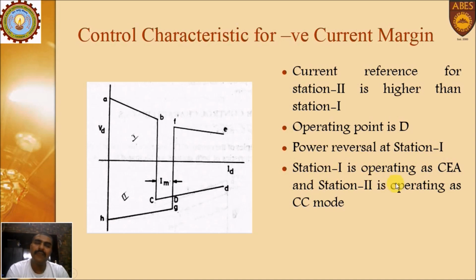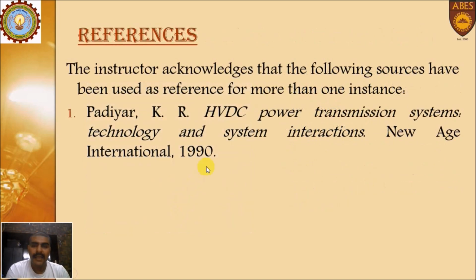So in this case, station 1 is operating in constant extinction angle control, and station 2 is operating in constant current mode, because this line FG shows the constant current mode of operation for station 2, and this line CD shows the constant extinction angle for station 1. So station 1 is operating in constant extinction angle control mode, and station 2 is operating in constant current mode. This is in the case of negative current margin.